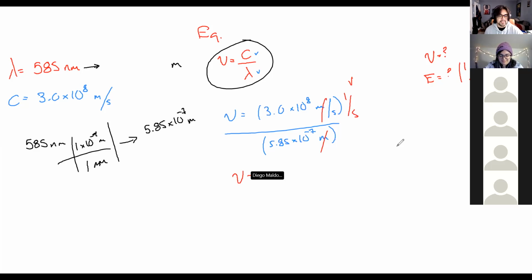And then what frequency do we end up getting? 5.13 times 10 to the 14 hertz.